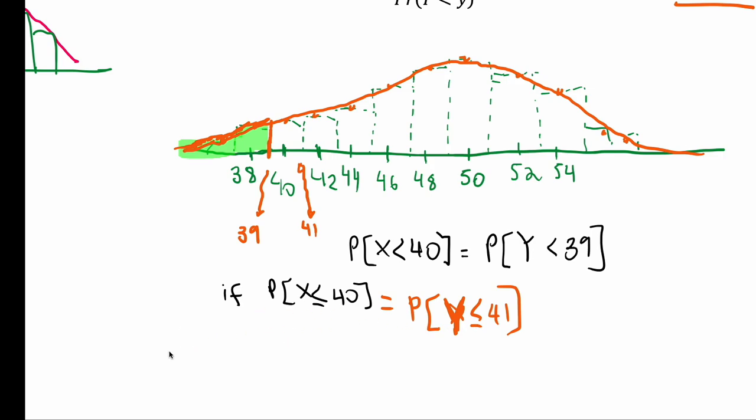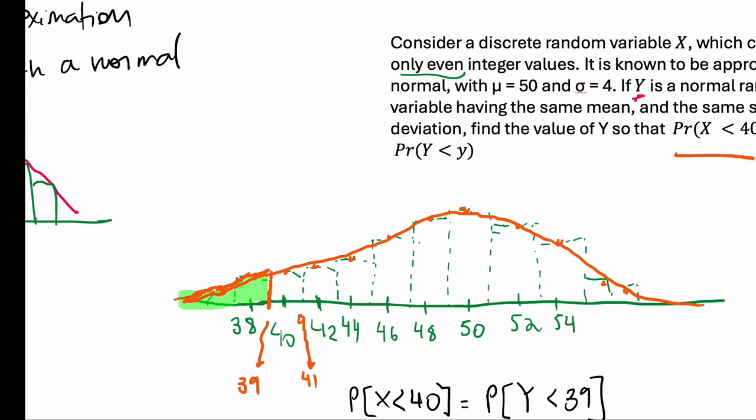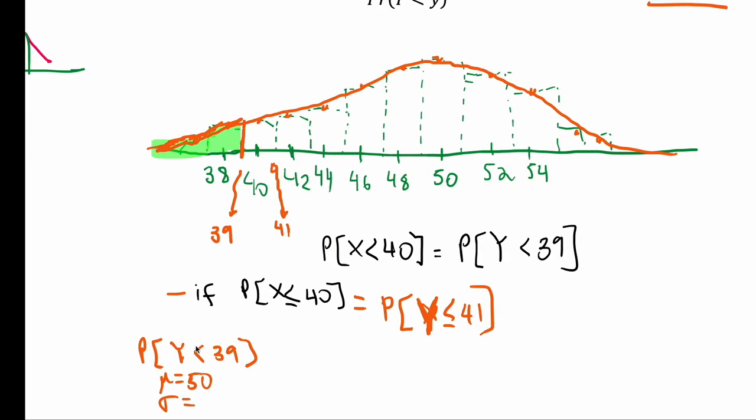Okay? So if I want to find this probability, the probability of Y, and again, this is just an if, I'm doing the exercise on top. This is a normal with the mean 50 and standard deviation 4. I will standardize. So what I'm going to do, I'm going to take from Y the mean, divide by the standard deviation. From the right-hand side, I'm going to take off the mean, divide by the standard deviation.